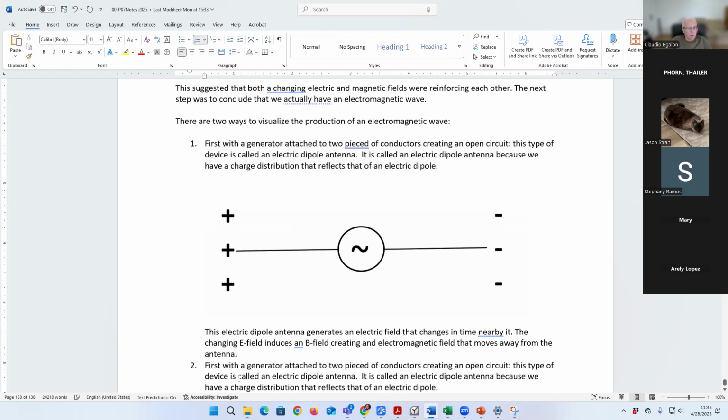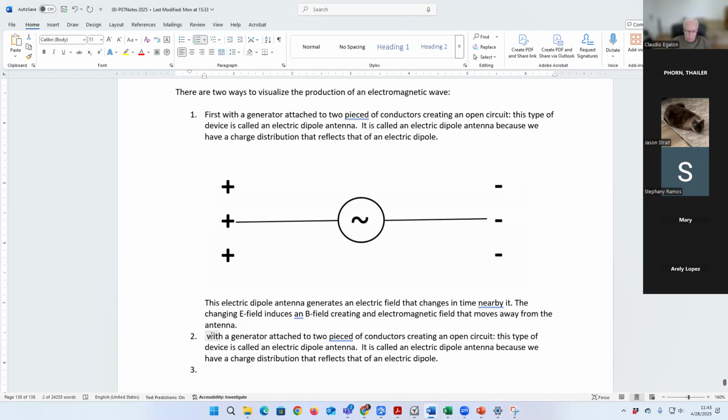The other way. And second, also with a generator, attached to a current loop. Okay? This current loop is closed, by the way.